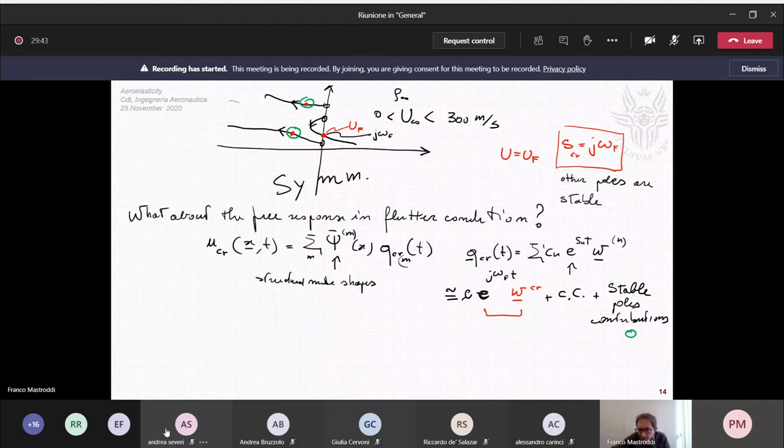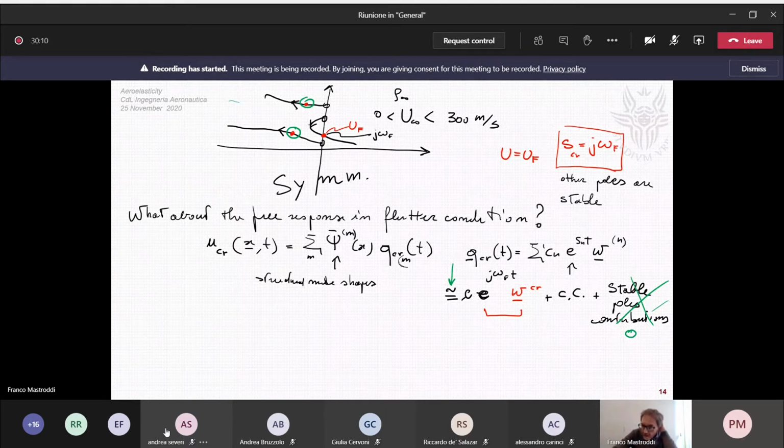So this part of the time response is decaying, and if we do not consider this, we have this approximation. So in steady state, in an oscillatory steady state, we have an oscillatory solution given only by the contribution of the flutter mode.